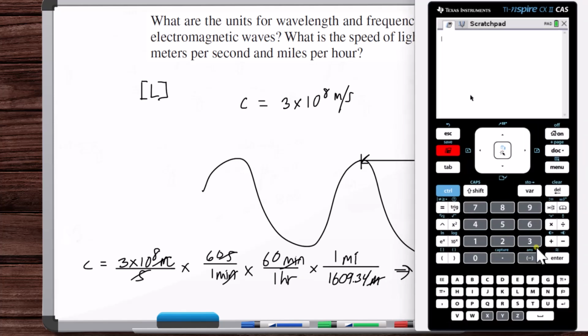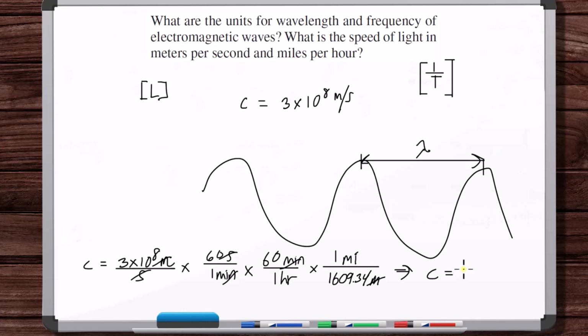So we've got 3 times 10 to the 8th times 60 times 60 divided by 1,609.34. So 6.71 times 10 to the 8th miles per hour. And there we go.